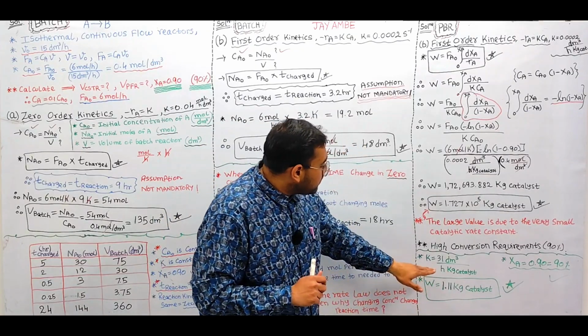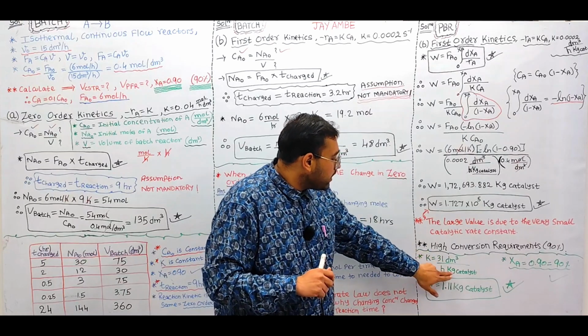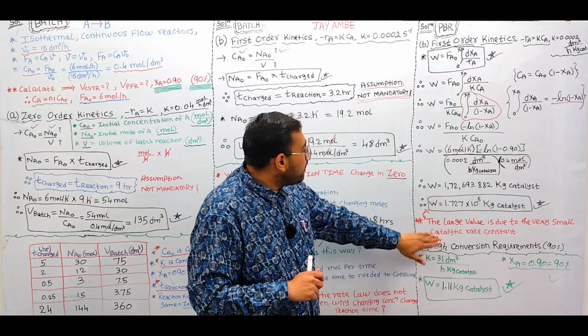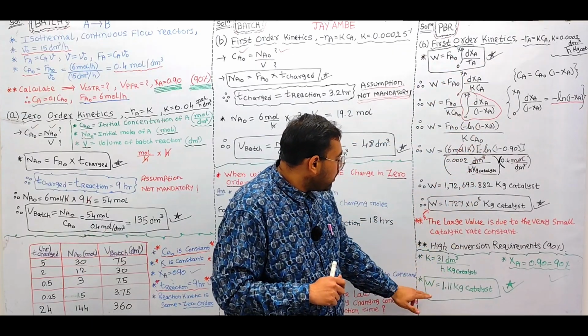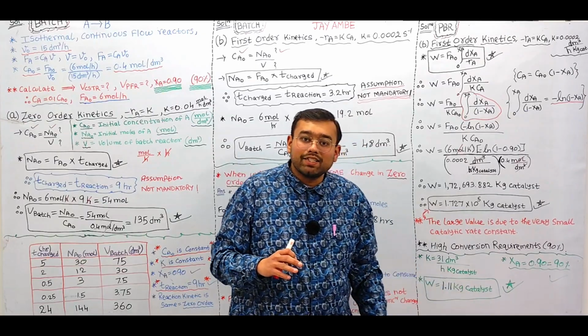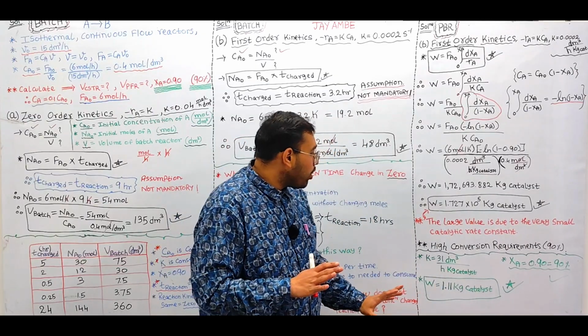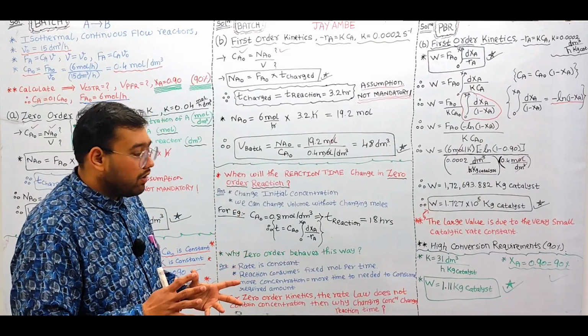Solving in a similar way, we will get the weight of the catalyst as 1.11 kg catalyst. Do you see a very drastic change in the amount of catalyst required?